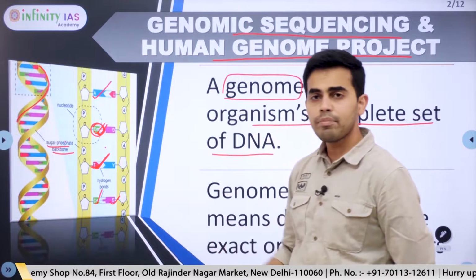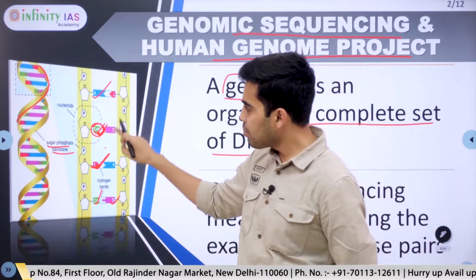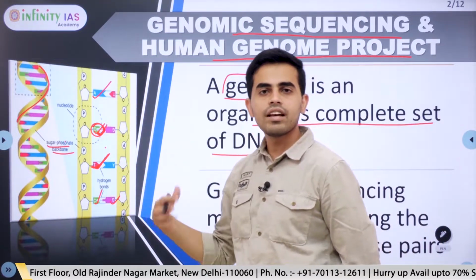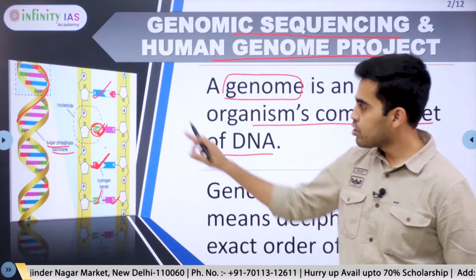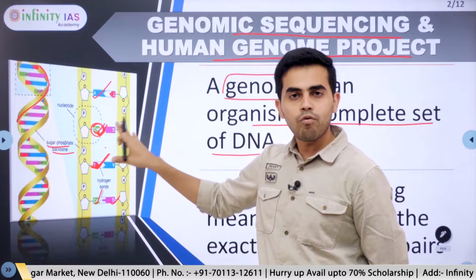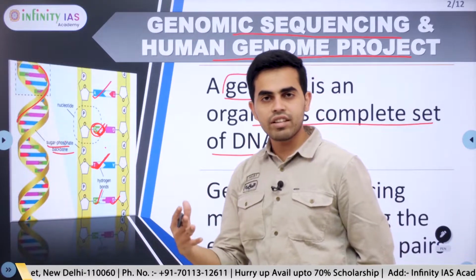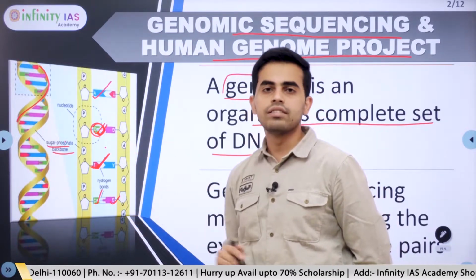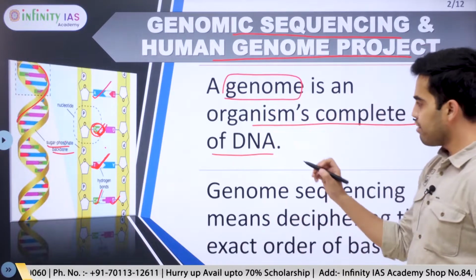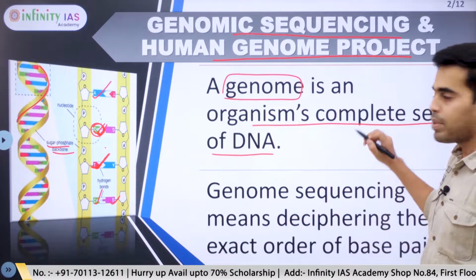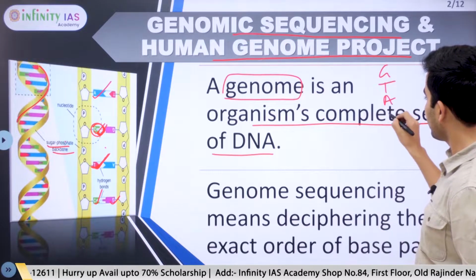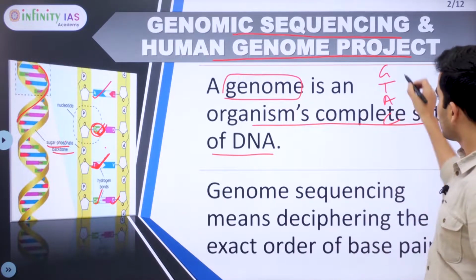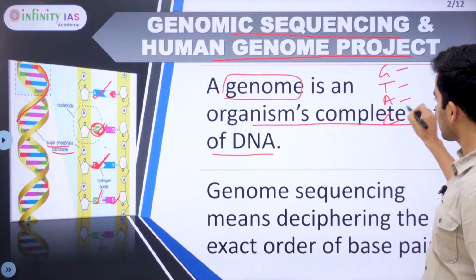So these are the different base pairs, and the combination or the sequence varies, that brings the differences in the chromatin material. These differences bring the difference in the expression of genes. For example, there is a base sequence like guanine, thymine, adenine, cytosine, and the corresponding base pairs.